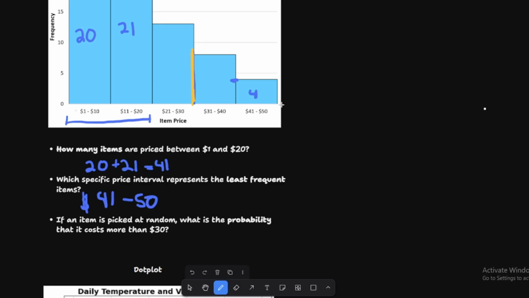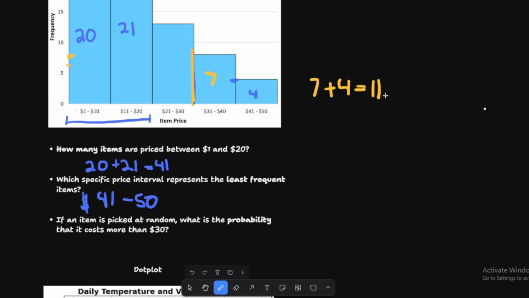We need to see how many data points are here. This looks to be about, let's say this is 5. This looks to be about 7. So we can say that this section is 7. And then we already said that this section is 4. So now let's add those up. And that gives us 11.